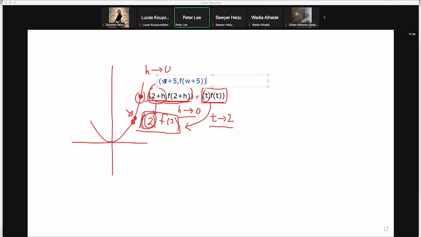Then what should this w approach in order to get the slope of the tangent line? Can you guess? Can you tell me?